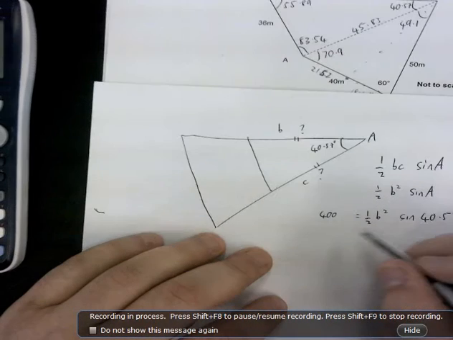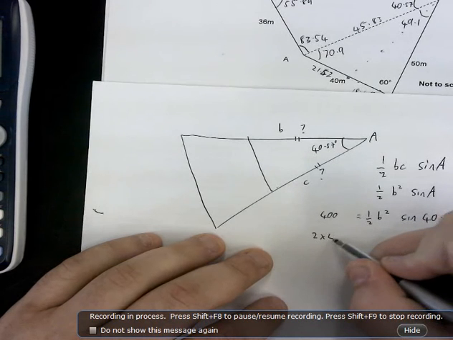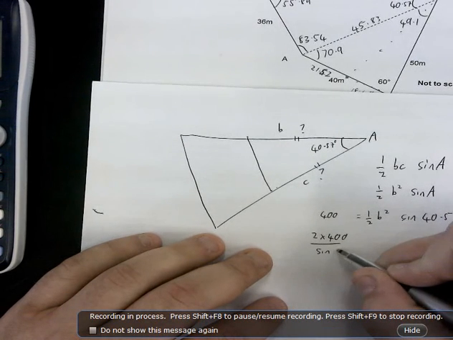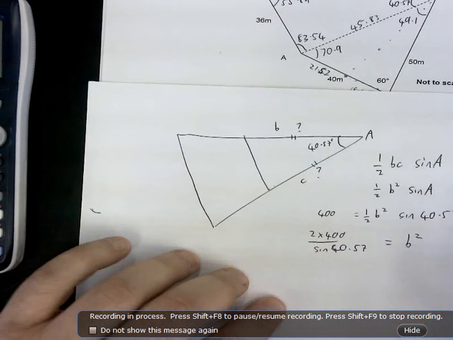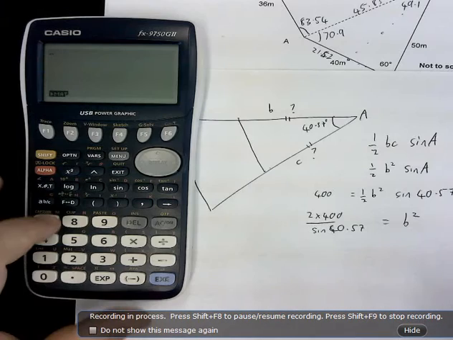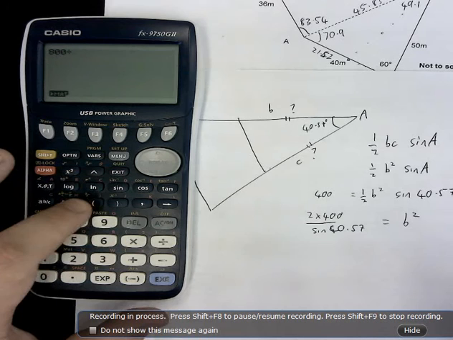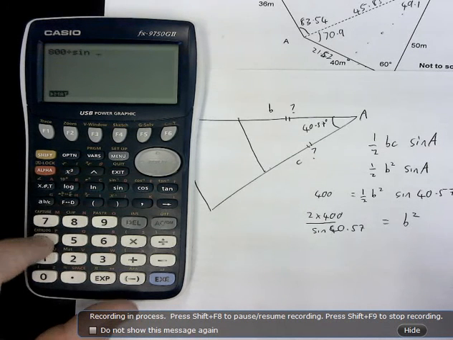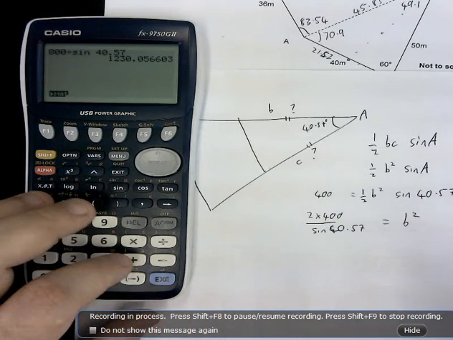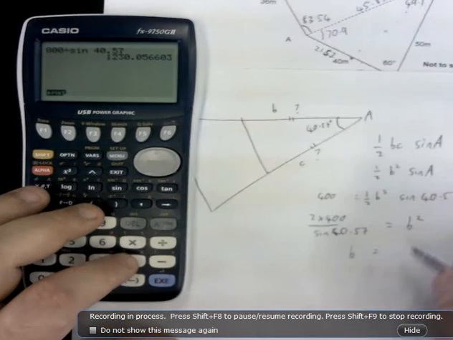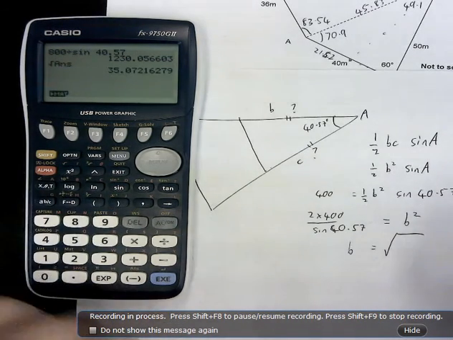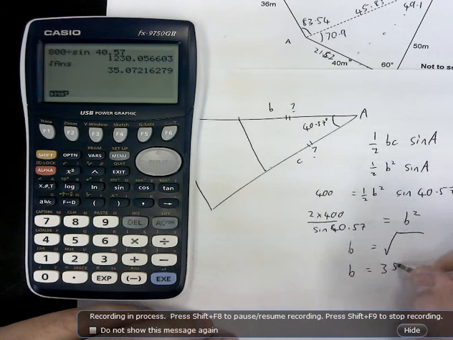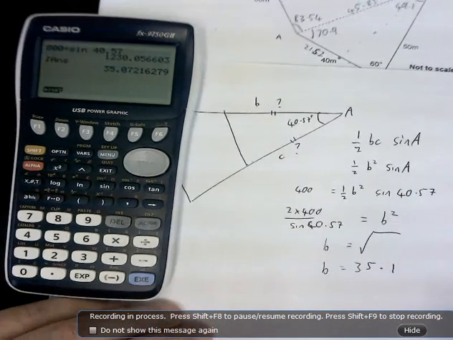That means that 2 times 400 divided by sine 40.57 equals B squared. That is my B squared. So B equals the square root of all of this. We'll overestimate. 35.1 meters.